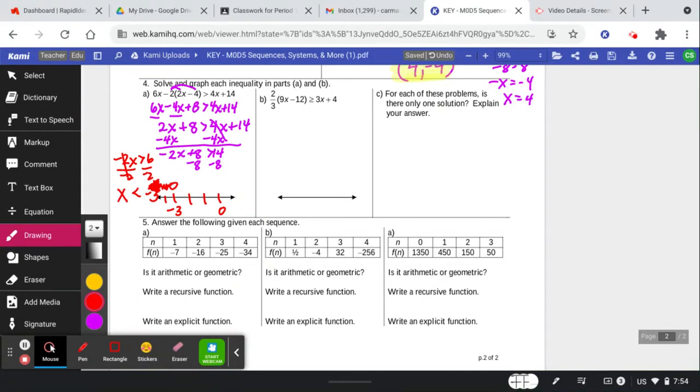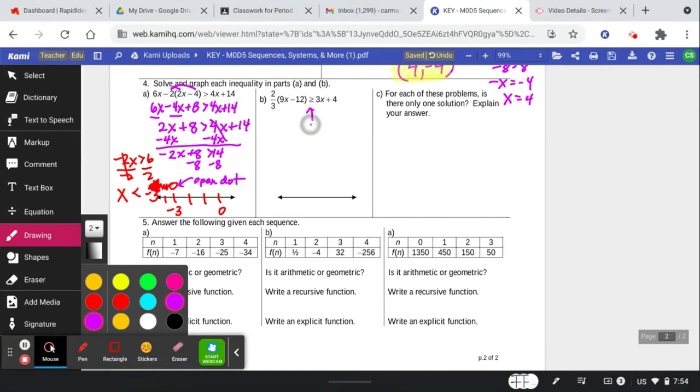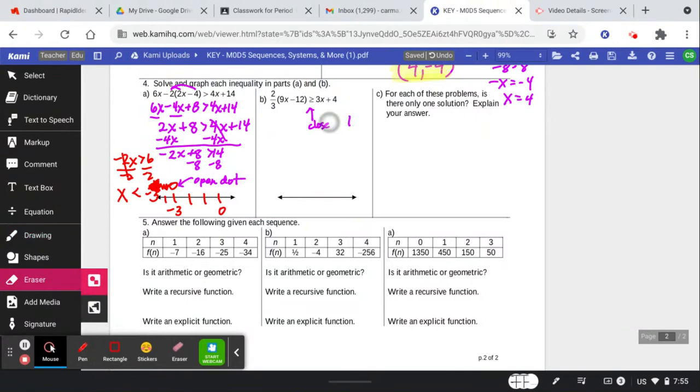Notice I'm going to represent this with an open dot for a less than. Do you remember that? When it has an equal to bar, that's when we can use a closed dot on the graph, because it's equal to that value, plus it can go in either direction.